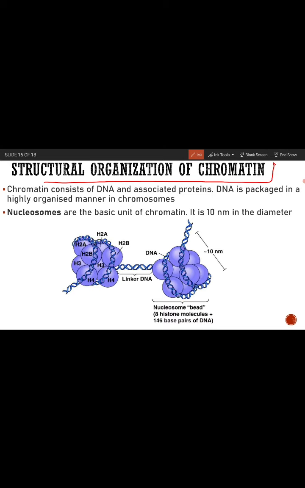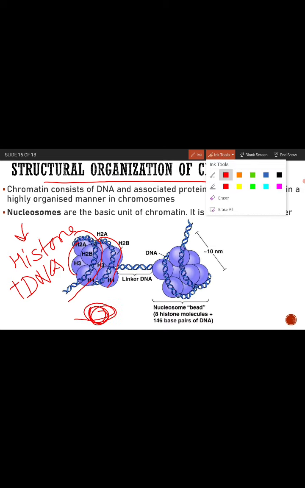So nucleosomes are formed. How? Nucleosomes actually consist of histone proteins, histone octamers, plus DNA. These are nucleosomes. So you can see H2A, H2B, H3, H4. These are all histone octamers, and around it the DNA double helix is wrapped.